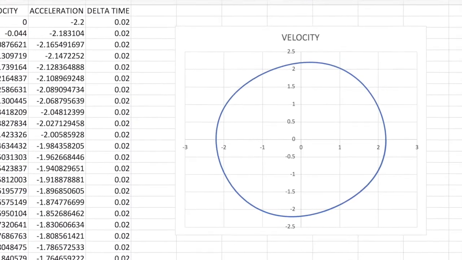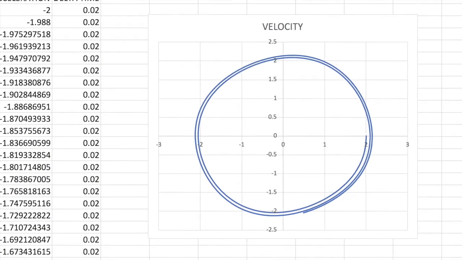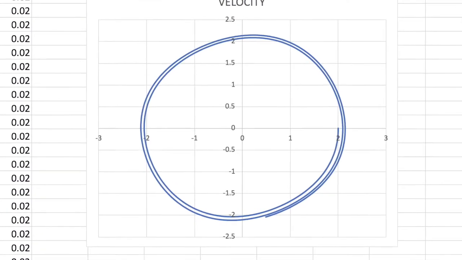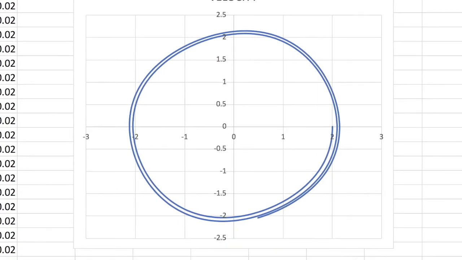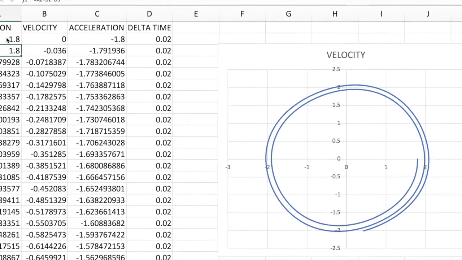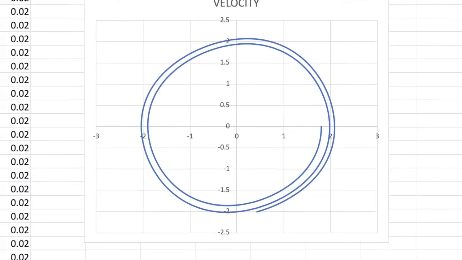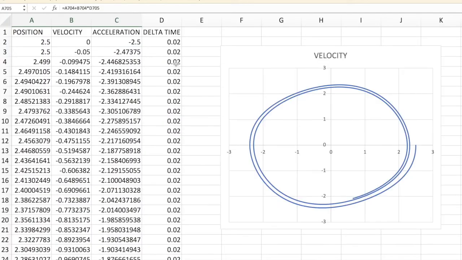So now let's put the initial conditions in 2, and we see that the trajectory is not closed anymore, but it goes from that 2 to a value of 2.2, and if the initial position is 1.8, it also seems to tend to that limit of 2.2, and for 2.5 also happens.